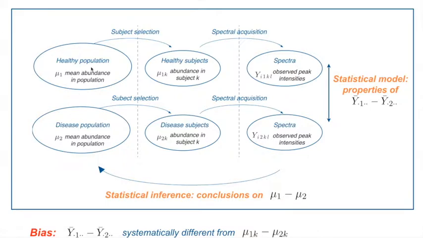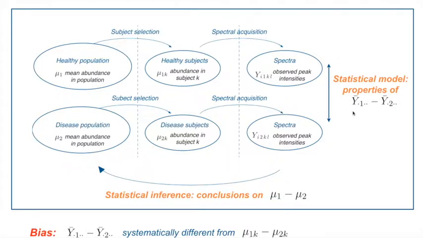We cannot interrogate every subject, so we include a subset of subjects from the populations in our study. This was our first layer of variation. Then we quantify the abundance of protein from the subjects using technology which is itself noisy, and this is what we actually observe. We use Latin letters to indicate the observable quantities.